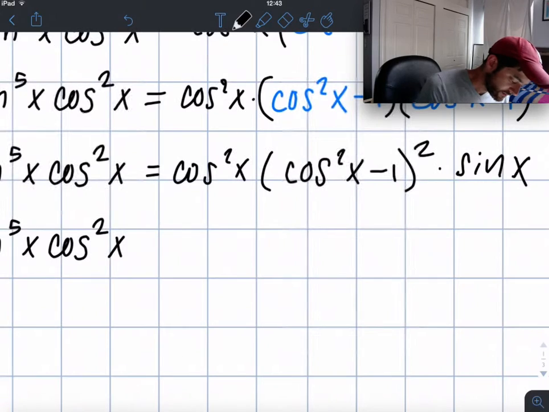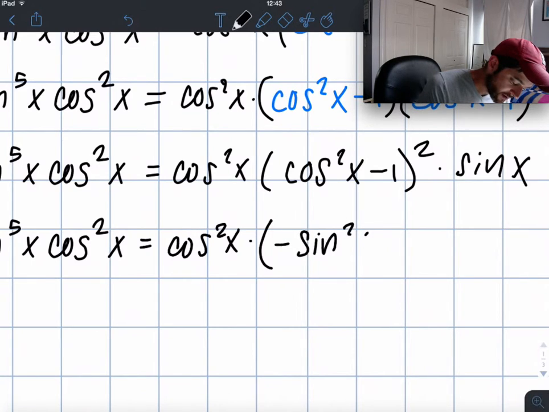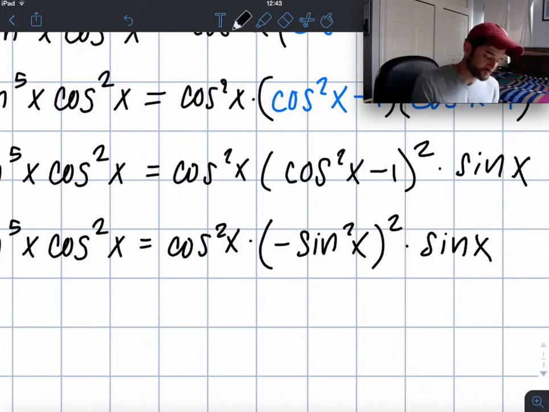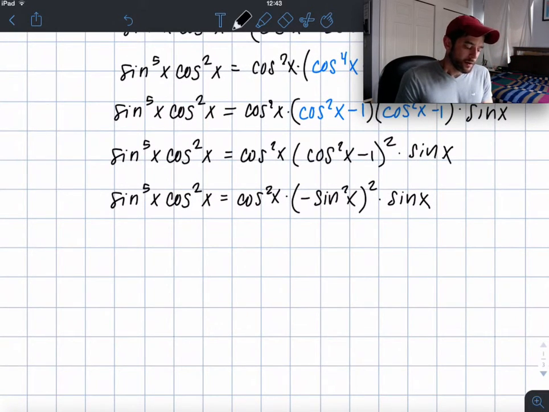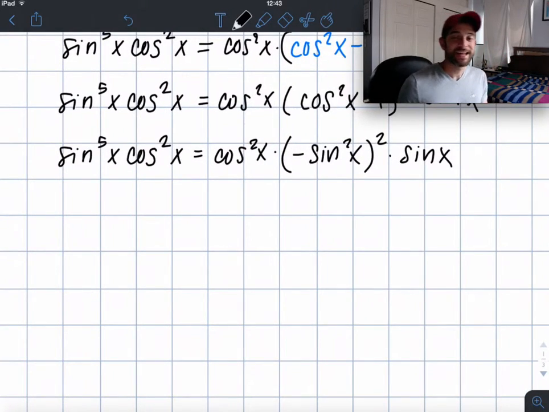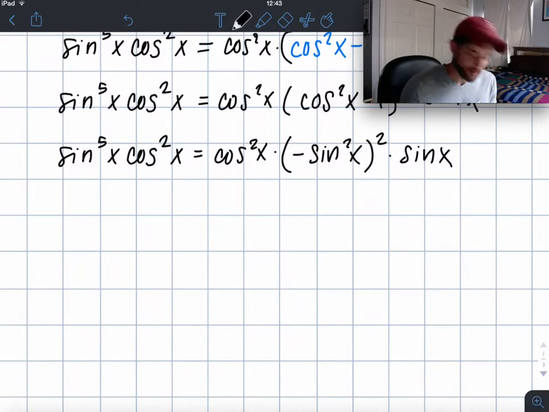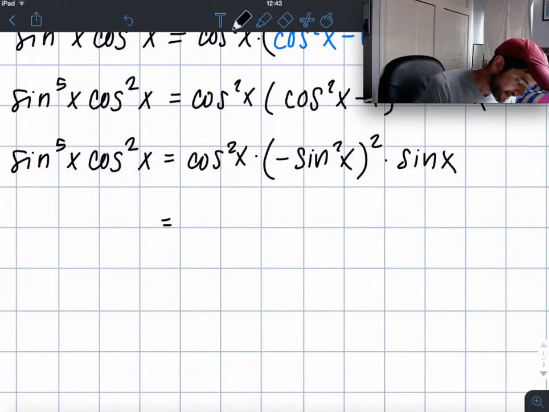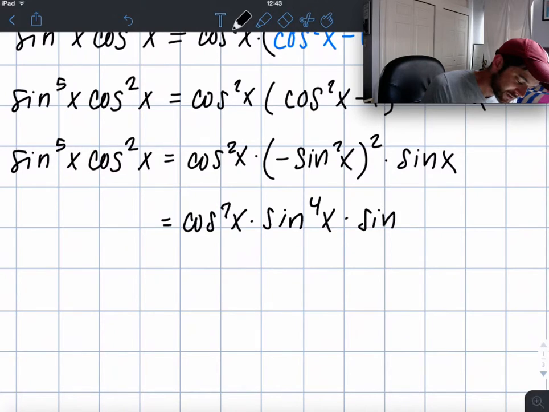So this now becomes cosine squared x times negative sine squared x squared times sine x. Well, I have negative sine squared x squared. This is where it gets weird, because if I take negative sine squared x and square it, I get positive sine to the fourth x, because anything squared is positive.